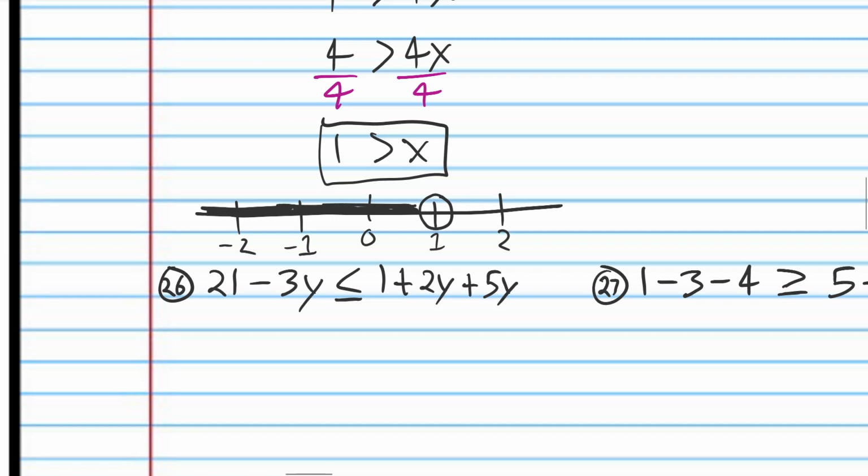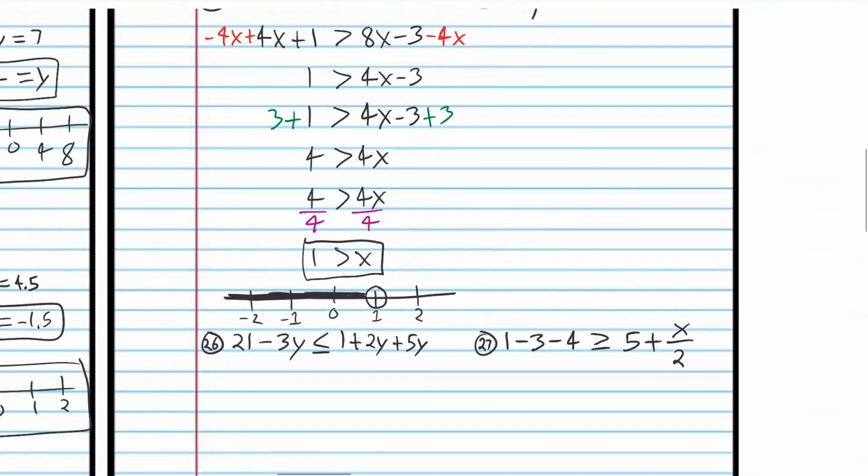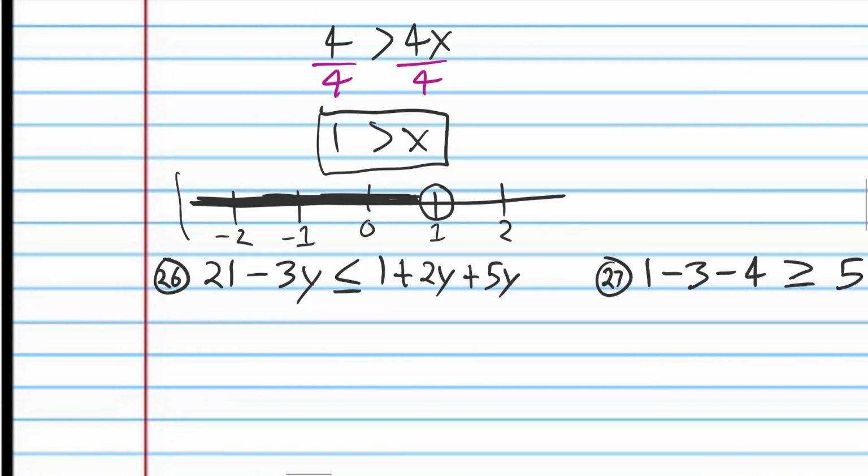So this dark line that I'm drawing here means our solutions can be on the number line all the way into infinity in this direction. And our solution cannot be 1, so we have an open dot here because it has to be less than 1. It can't actually be 1. So that's how you graph an inequality.